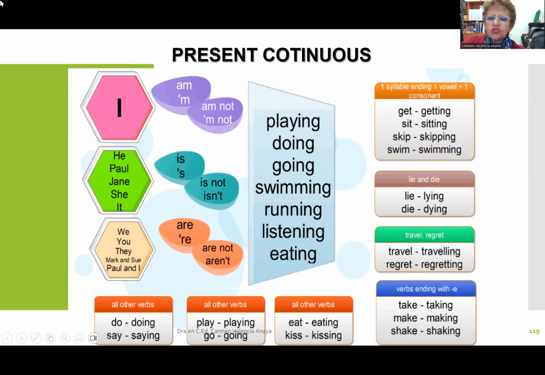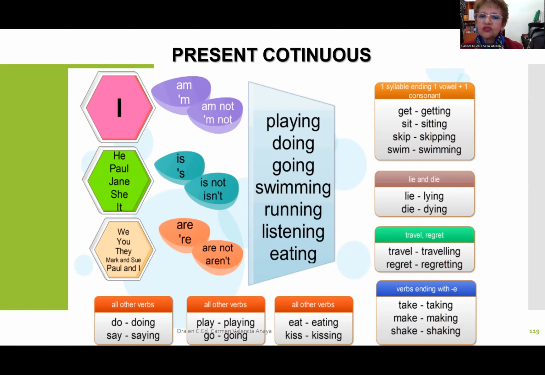But you have to take into account that in present continuous, the action I'm doing in this moment, I'm going to add ing. For example, playing, doing, going, swimming, running, listening, and eating.